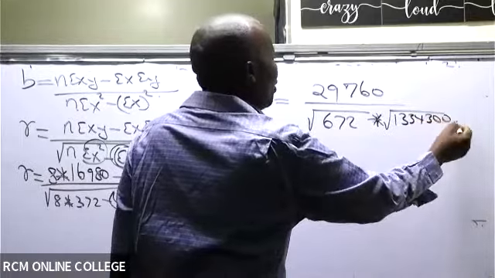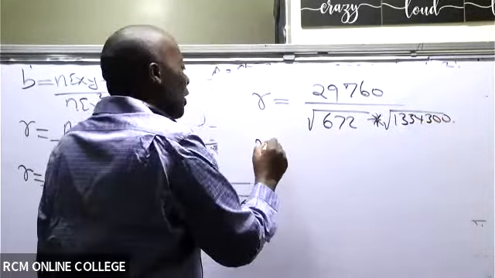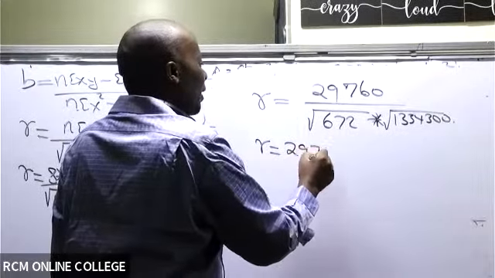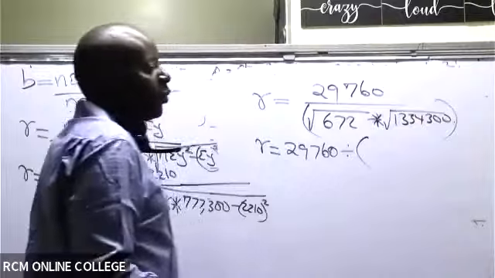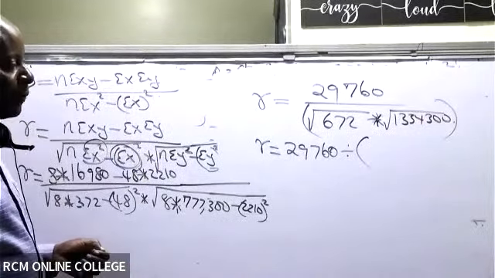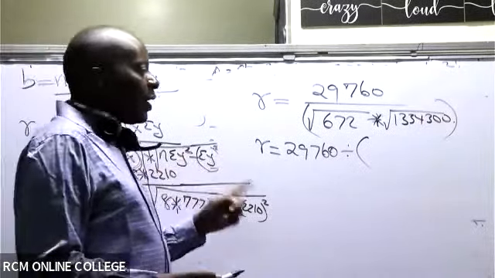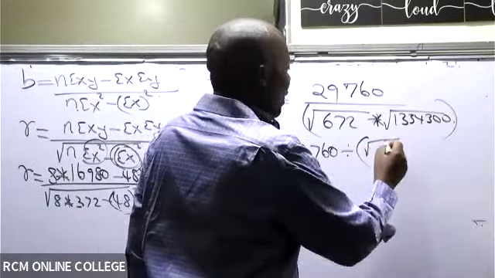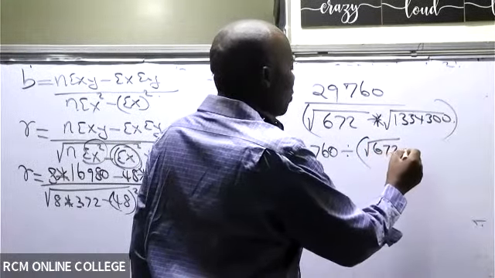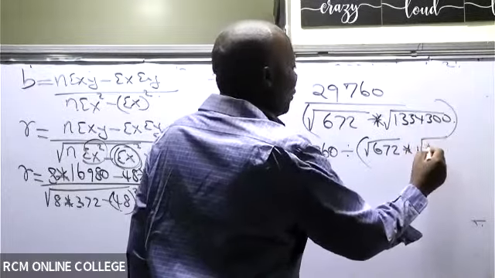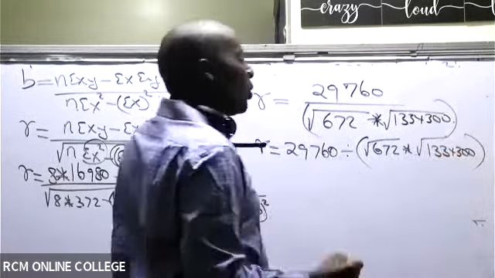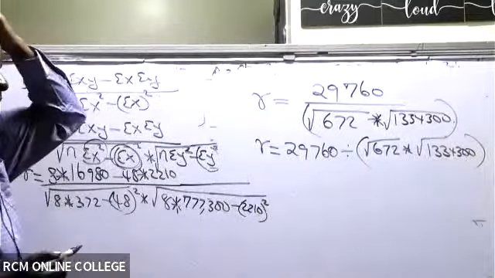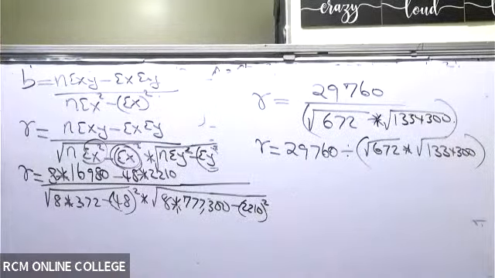So in your calculator, to get this R, you say 29,760 divided by, you open a bracket to take care of it, because there are two terms. You must always open brackets. So you say square root of 672 times square root of 1,334,300, and then you close the bracket and press equals.